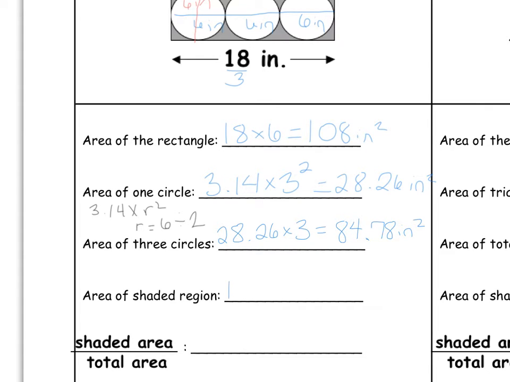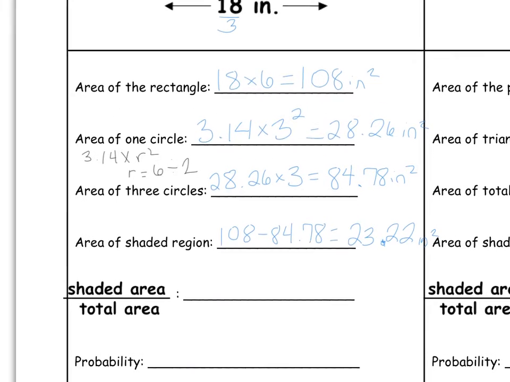So to get the shaded region, we take the entire board minus the 3 holes in the middle, and that's how we end up at 23.22 inches squared for the area of the shaded region.